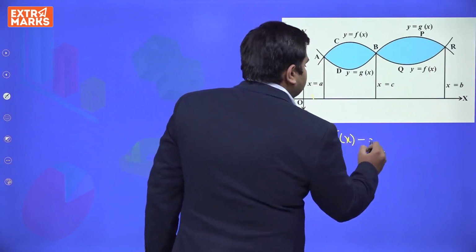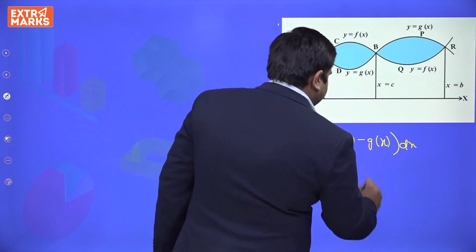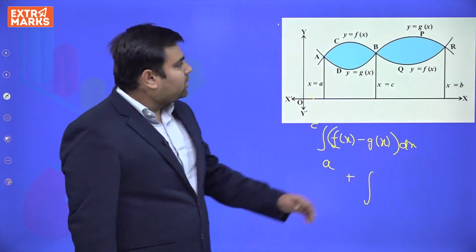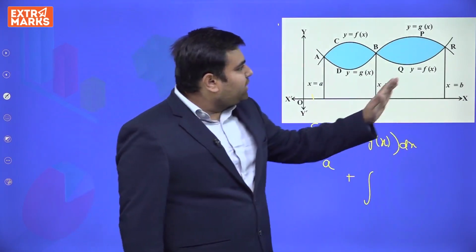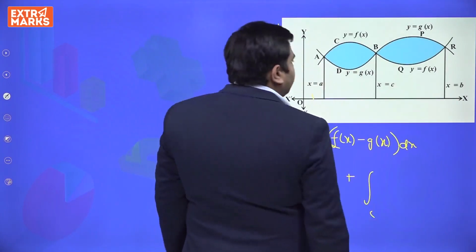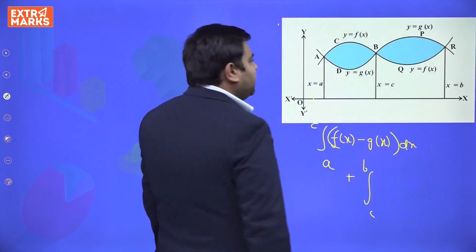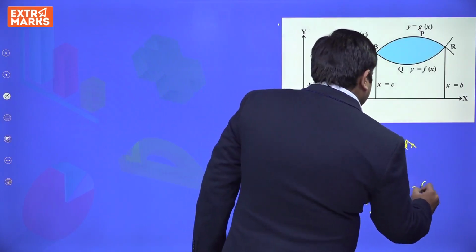So this would be the integral of f(x) minus g(x) dx, plus, between c and b, g(x) is upper and f(x) is lower. So between c and b, it will be g(x) minus f(x).